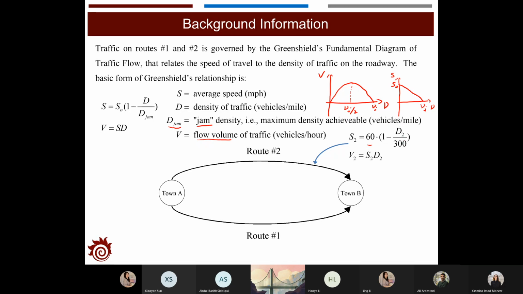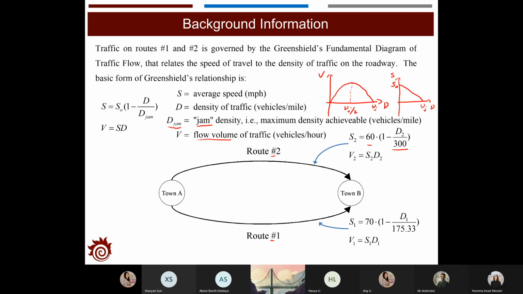So 60 is the maximum speed, the speed limit, and 300 is the jam density.